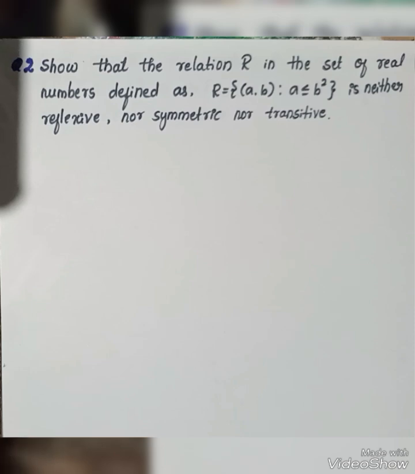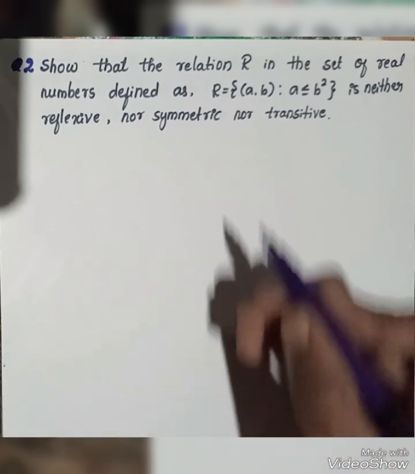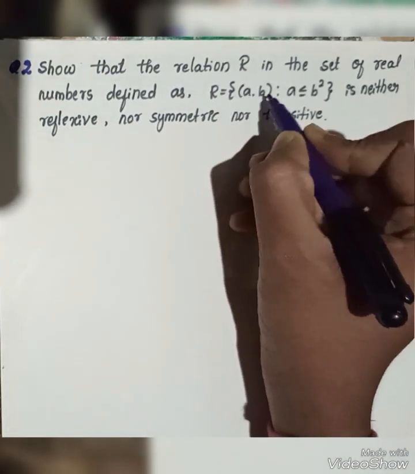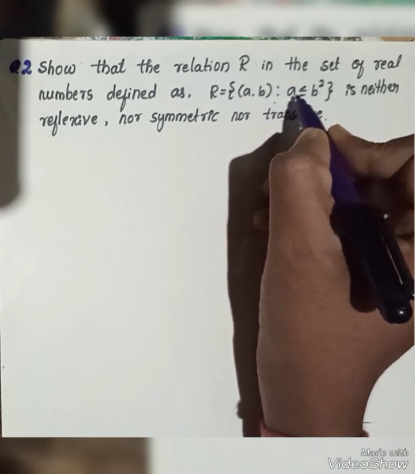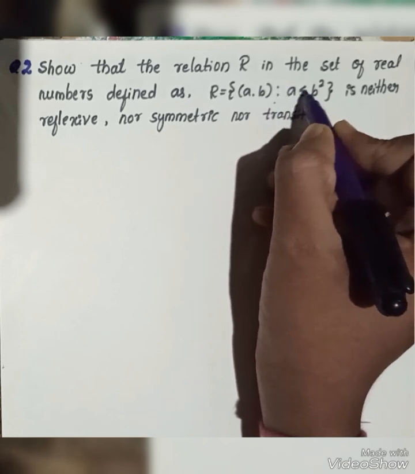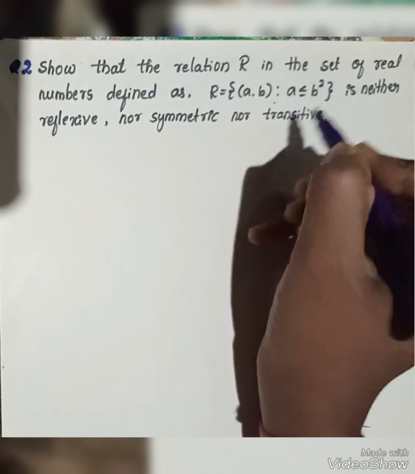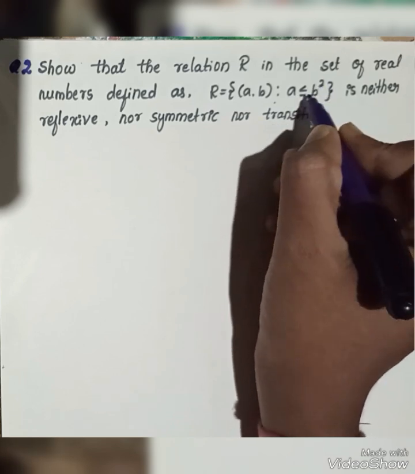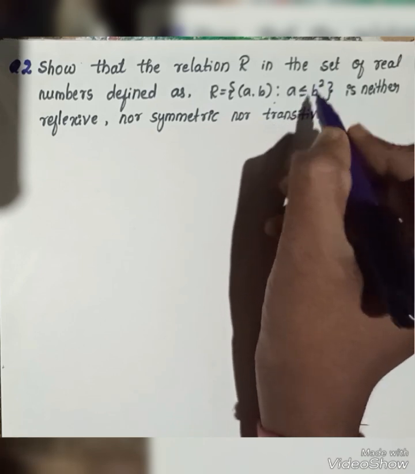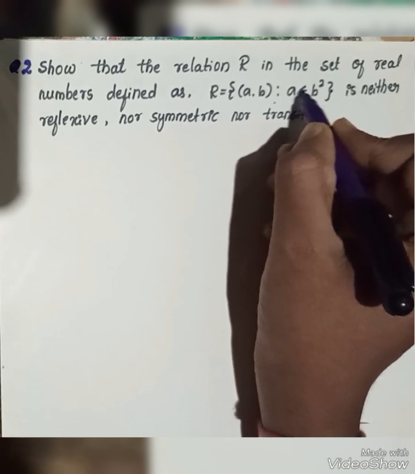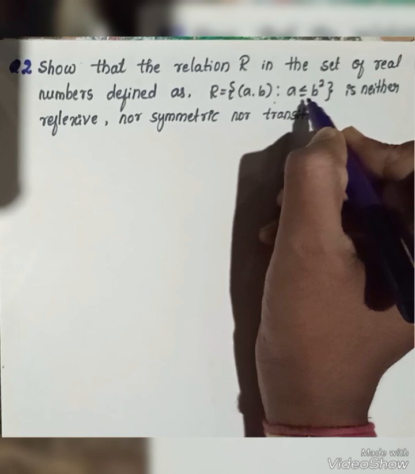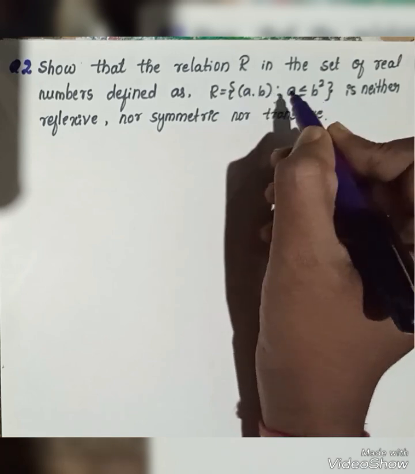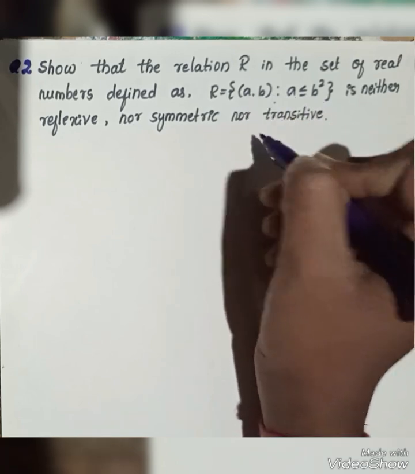Here, one condition must be satisfied, either the less than condition or the equal condition, for the pair of elements A comma B.